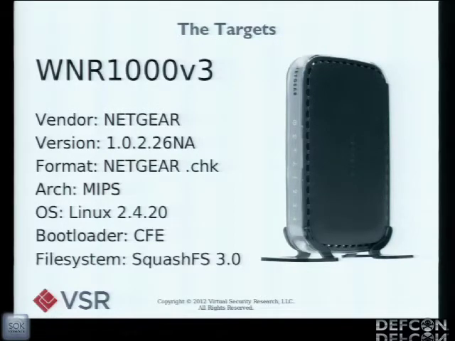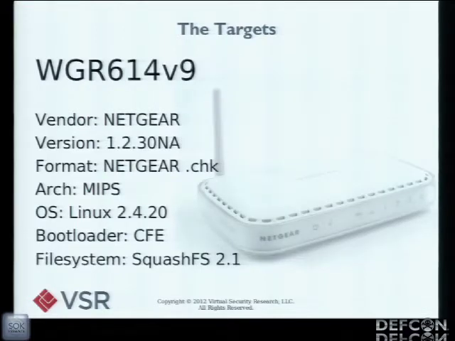And these use really old versions of Linux, which is great. This one was using Linux 2.4.20, which I believe came out in November of 2004 or 2002, and that's really old. It uses the common firmware environment bootloader, as well as the read-only SquashFS file system version 3.0.